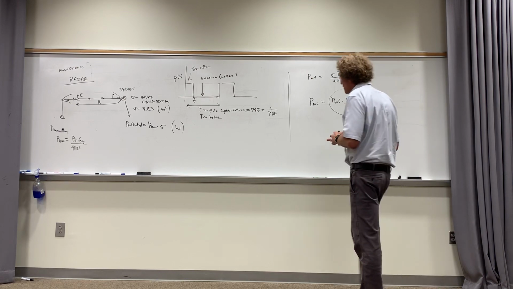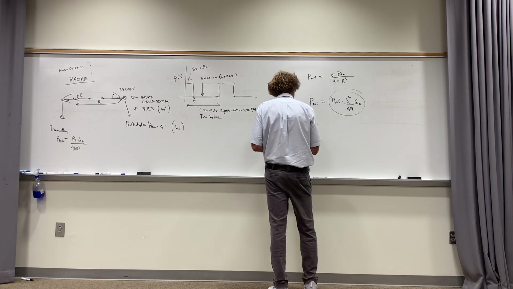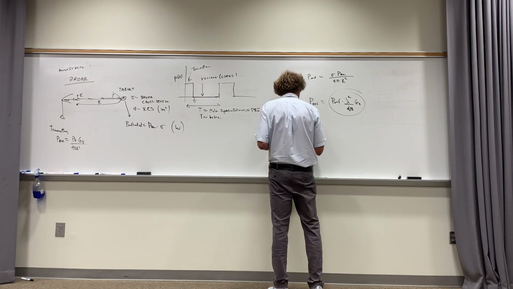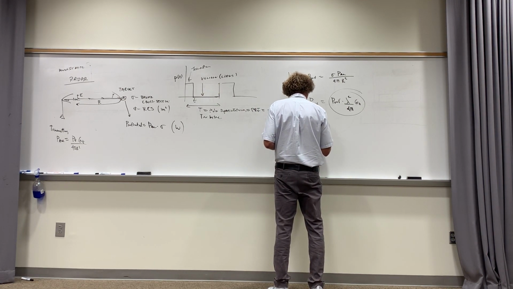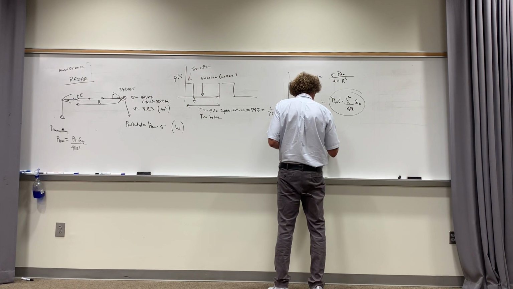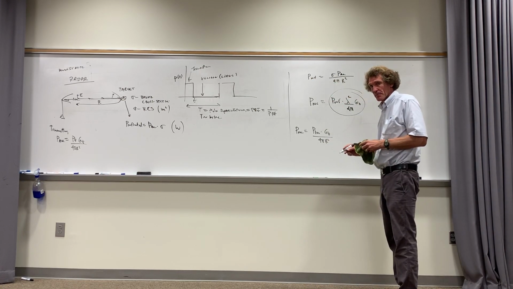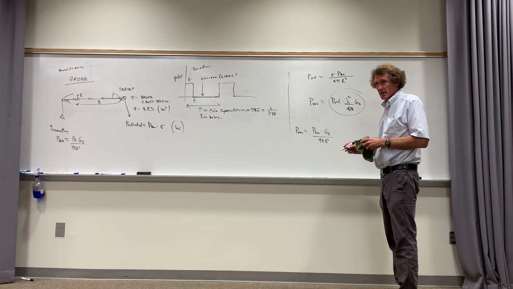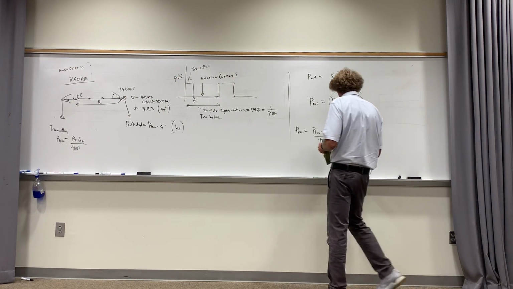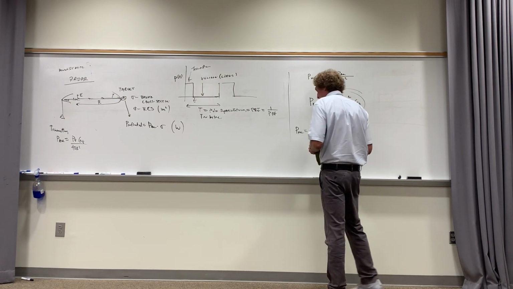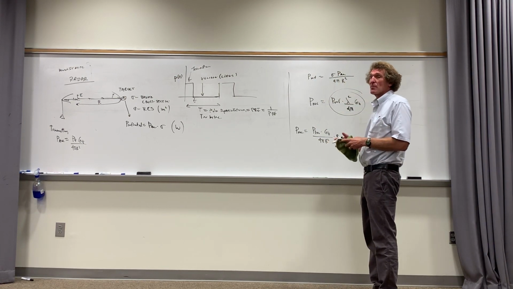All right, now, how much is that? So we can say here that P received, please watch this, is going to be the transmitted power, P transmitted, times the gain of the transmitter over 4 pi r squared. Y'all agree that's the transmitted power density, right? Then I take that and I multiply it by sigma. Right? Now that's the amount of power reflected. Agree?